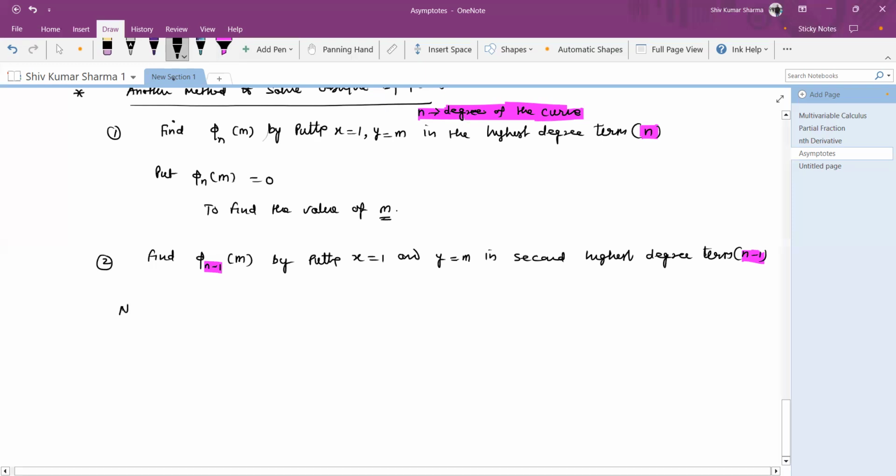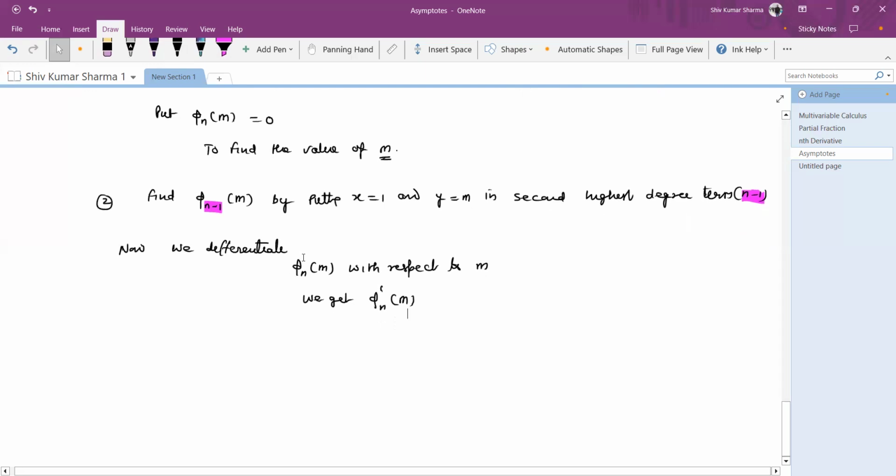Now we differentiate phi n of m with respect to m. We get phi dash n of m. So we will do these things to obtain c.